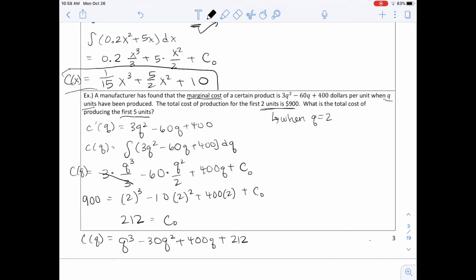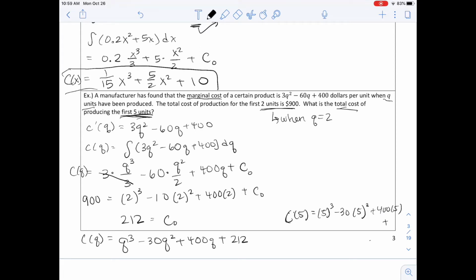And again, it wants us to find the total cost of the first 5 units. And so to do that, we need to find C of 5. I'm substituting 5 into my function. We end up with 5 to the third minus 30 times 5 squared plus 400 times 5.